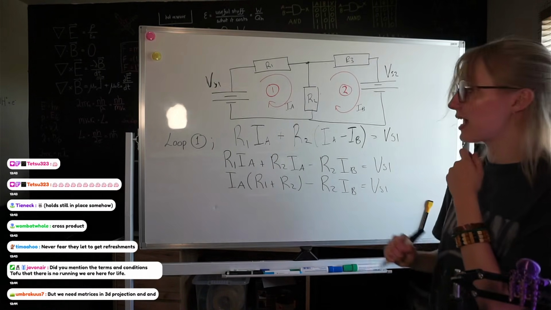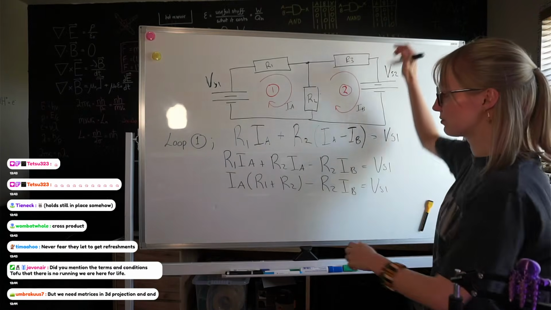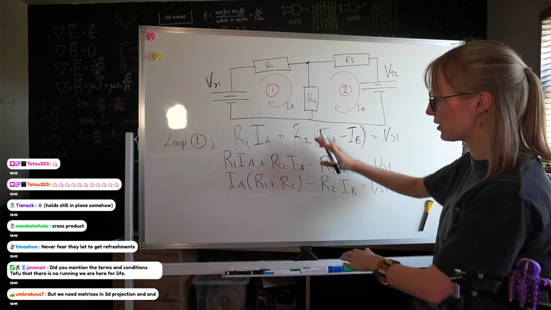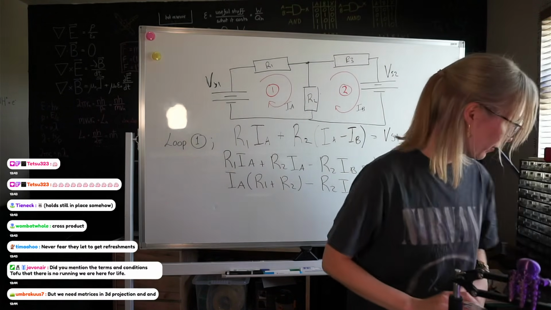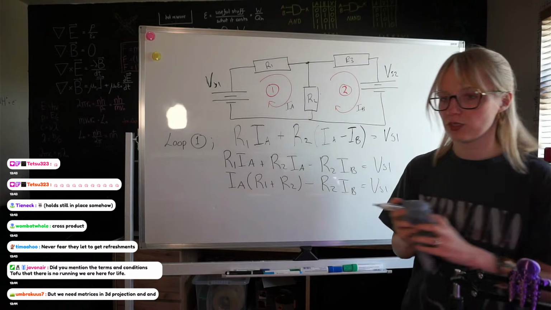Okay, so the next part is, let's look at loop theory 2, right? Well, let's have a look. I know I'm running out of space here, so I might just move up the equation, if that's okay with you guys, just to make space.